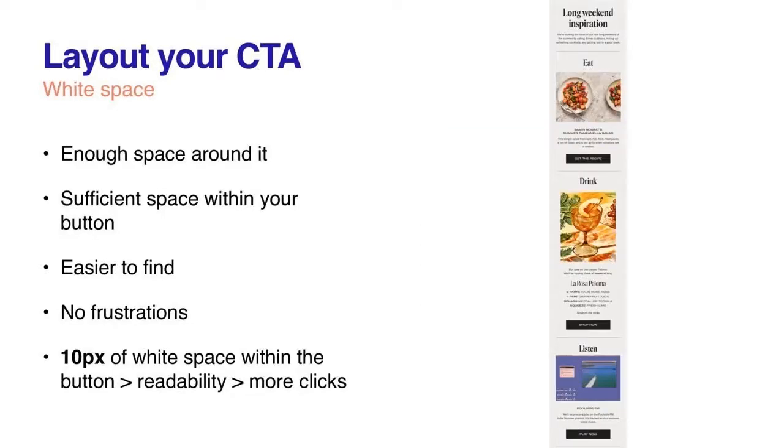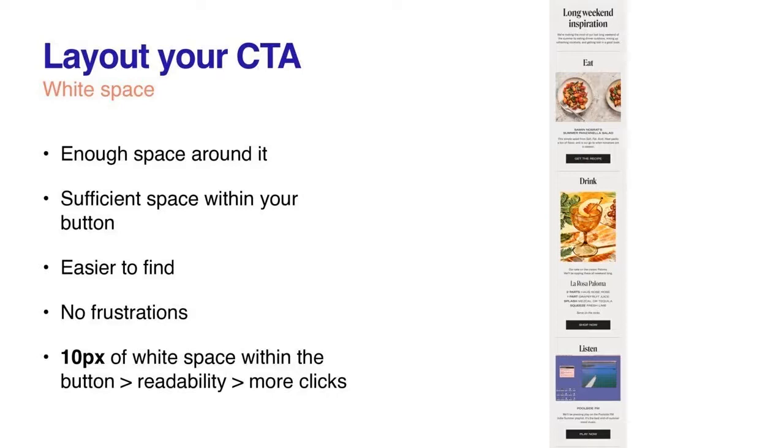For your call to actions, the use of sufficient white space is also very important. You have to make it as easy as possible for your readers to click on your call to action. So you shouldn't only make them big enough, but you should also place enough white space around them, as well as sufficient space within your buttons, around the text, basically.